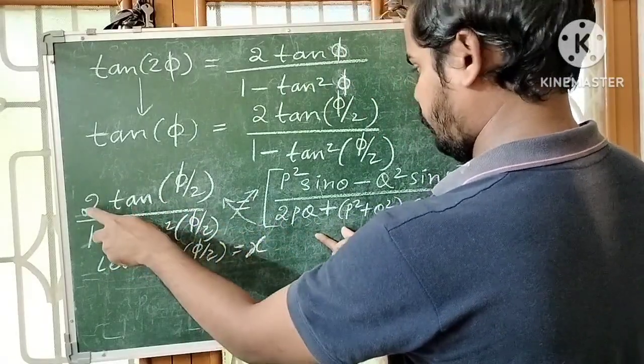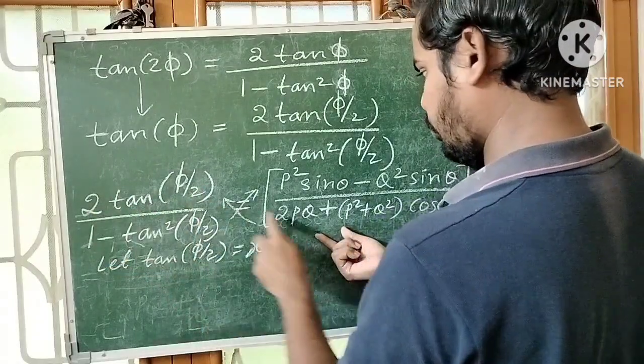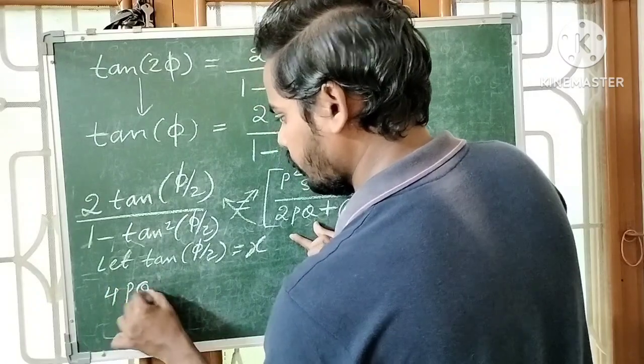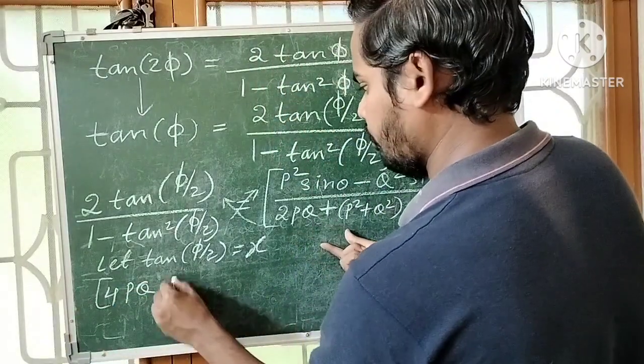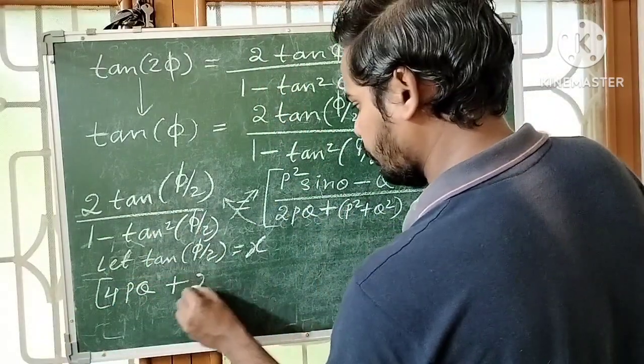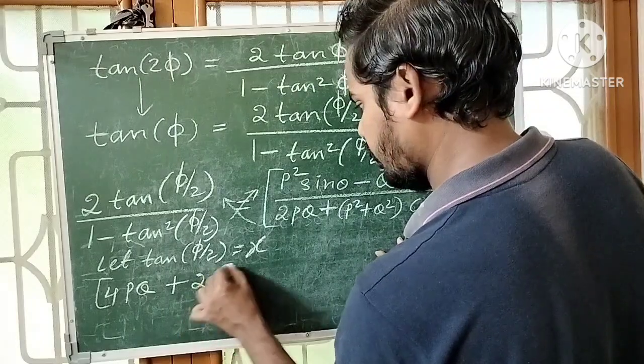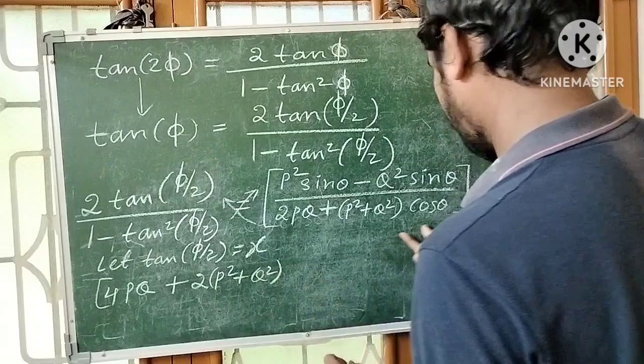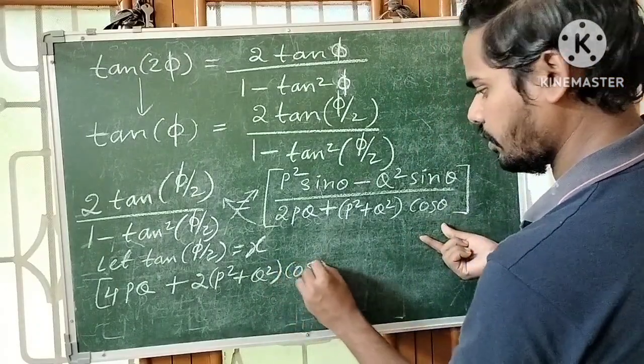Just apply the distributive property: 2 into 2 is 4pq plus 2 into (p square plus q square) cos theta.